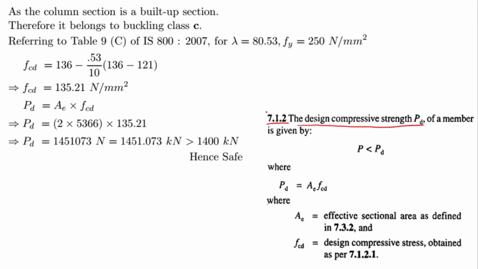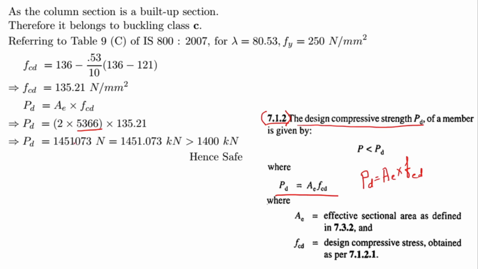If I follow the clause number 7.1.2 for the design compressive strength Pd, one expression is given where Pd equals effective area Ae into effective compressive stress fcd. Here for a single channel the cross sectional area is 5366.